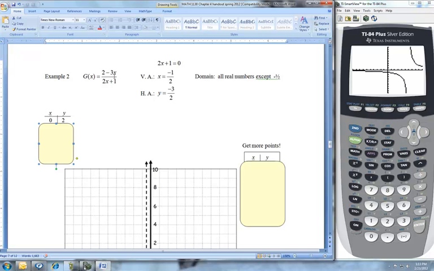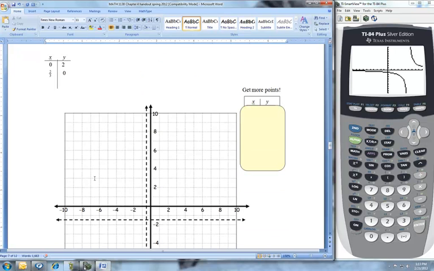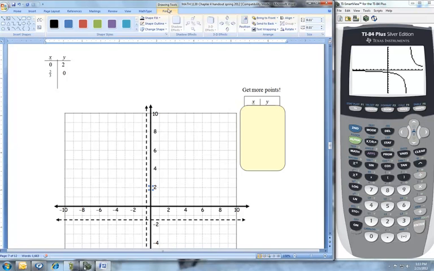Go solve that and see if you end up with what I do. Okay, so those would be 2 points I could go ahead and put on my graph. So I've got 0, 2, and let's see if I can find my 2/3, 0. Yay, okay. But I need more points.